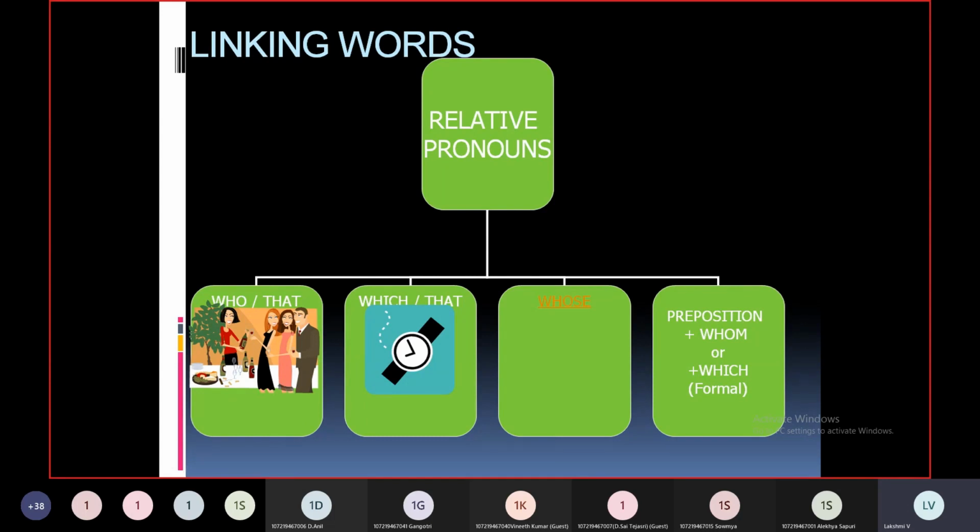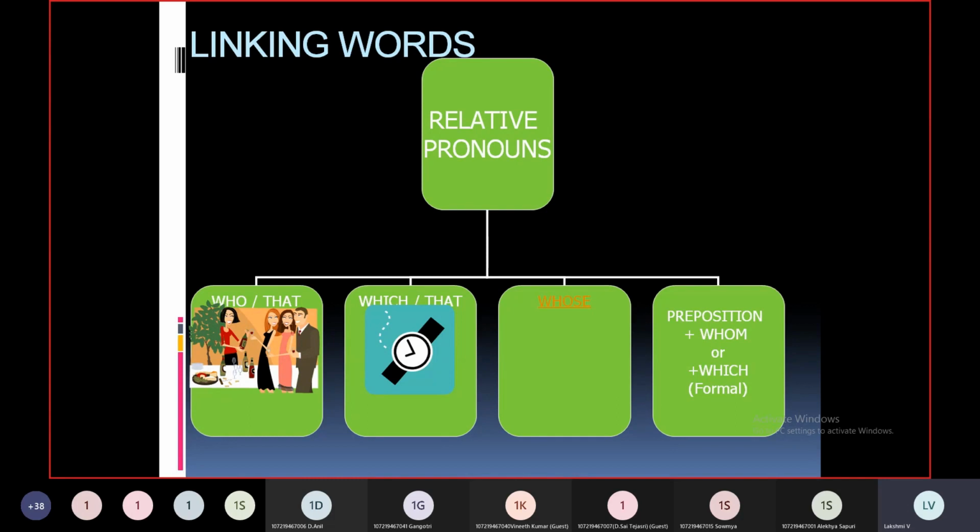Who is used as the subject of the verb, whereas whom is used as the object of the verb in the relative clause. Suppose: the woman whom the tall man is talking to is the CEO. Here it is used as an object.